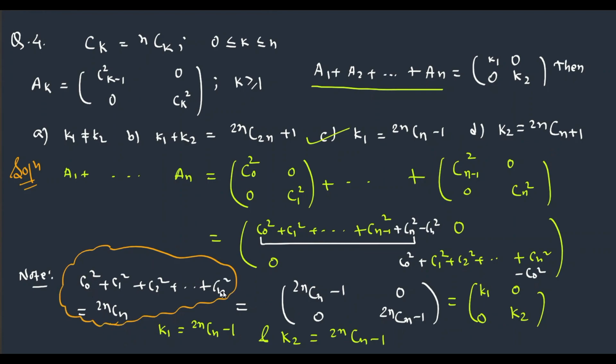From 0 to n coefficients, this suffix will be 0 to n. Here only 0 to n minus 1 is present, so we should add Cn square and subtract Cn square. In this case, the fourth element started with C1 ending with Cn, so we require C0, so we add C0 and subtract C0.